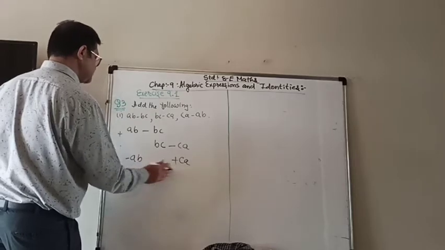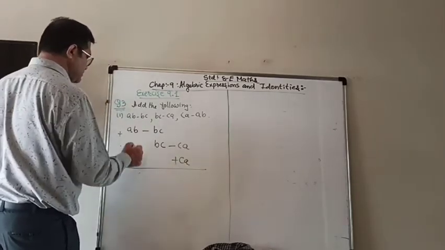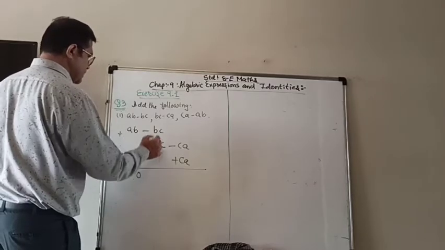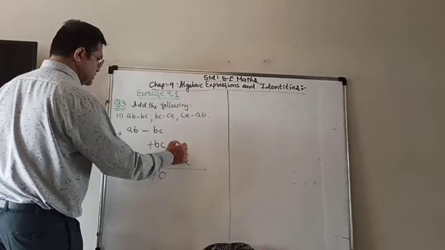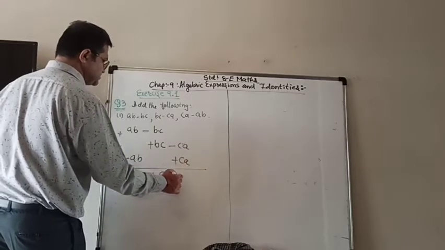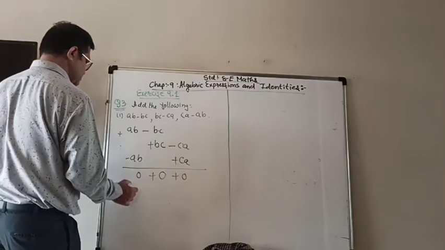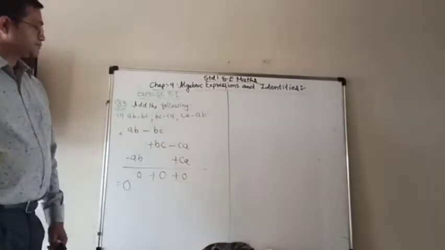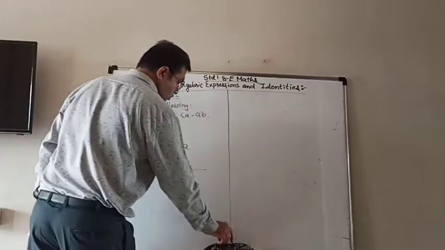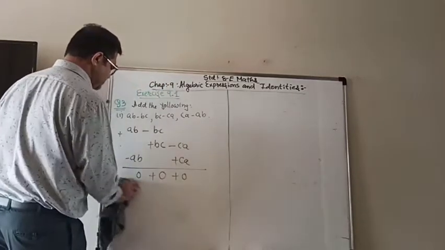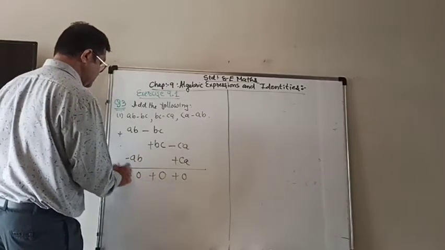Here there is nothing. So now in this column AB minus AB is 0, minus BC plus BC is 0, minus CA plus CA is 0. So your answer is 0, because everything is cancelled. So in the final answer, you can see the answer is equal to 0.